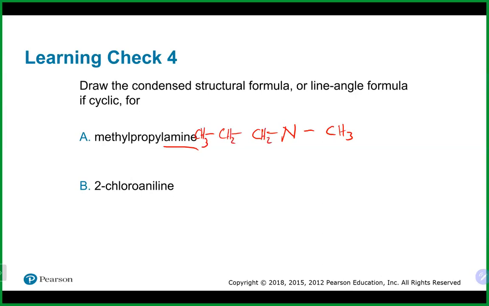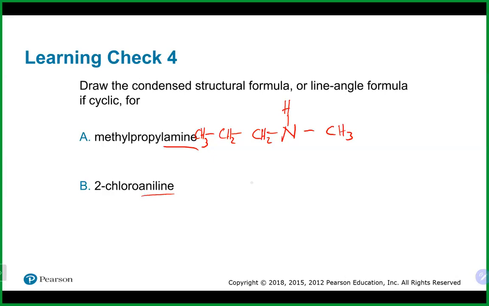This basically makes it a secondary amine, which means it should have 1 hydrogen left over as well. Any questions on that one there? It doesn't matter if you turned it, it's all good. Also, if you put the hydrogen on the bottom, it's all good too. But you do need the hydrogen, obviously, because it's a secondary, so it should still have that 1 hydrogen. Other questions on that one?